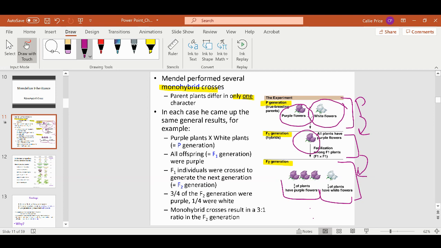So this is interesting. You start with two parents of purple and white, but yet when they breed, you only get offspring with purple. So white seems to disappear here in the F1, but then the white trait shows up again in the F2.